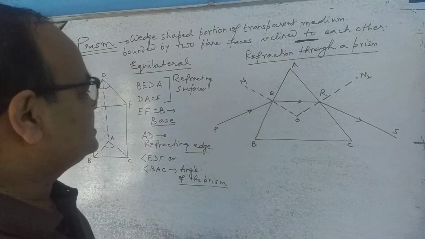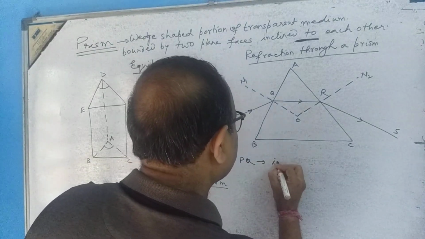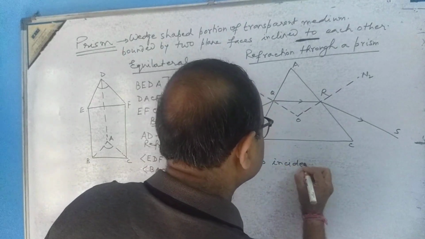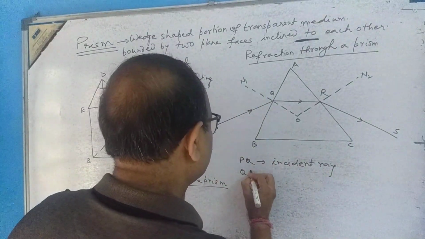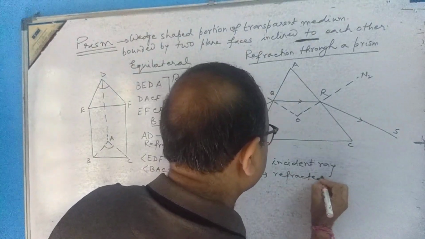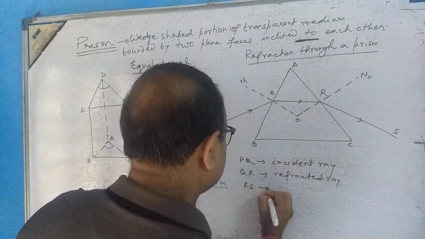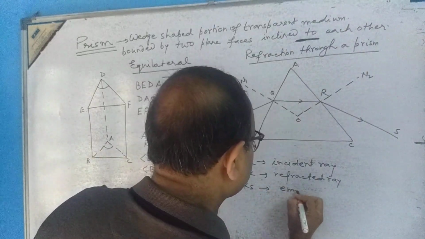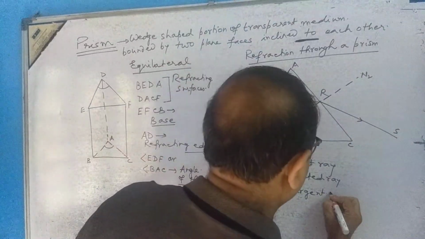PQ is called the incident ray. QR is called the refracted ray. And RS is known as the emergent ray.